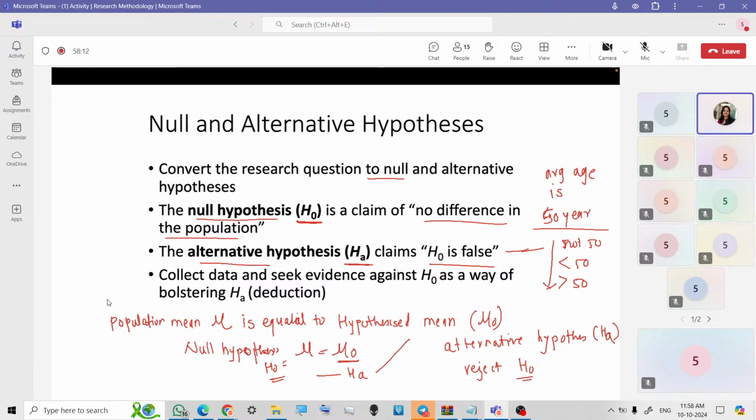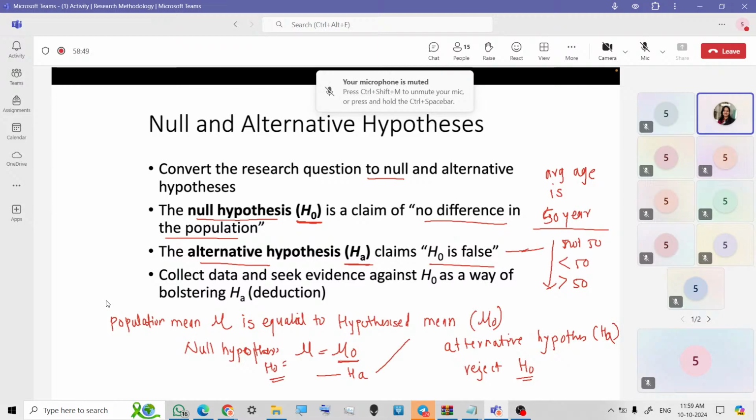Okay. So collect the data, seek evidences against H0 as a way of writing your HA. So I mean you're applying the deduction by saying that my HA has to be true. Okay. Now population mean, as we say, is denoted by mu, and over here is x bar, which is representing the sample mean value.